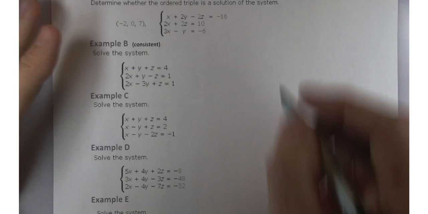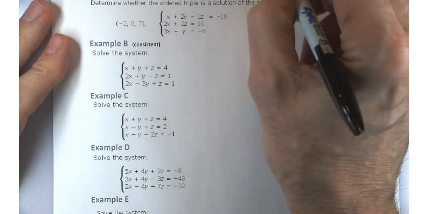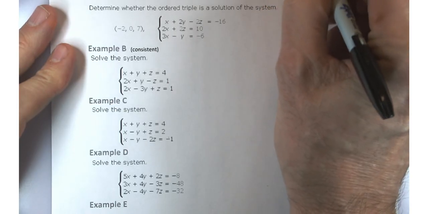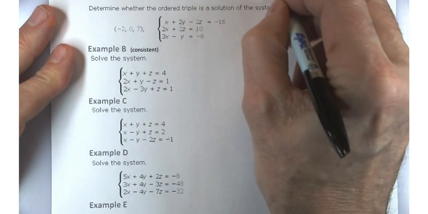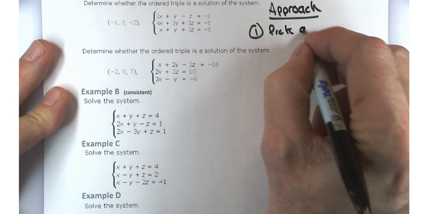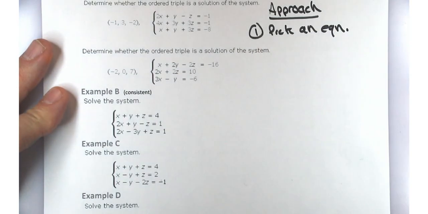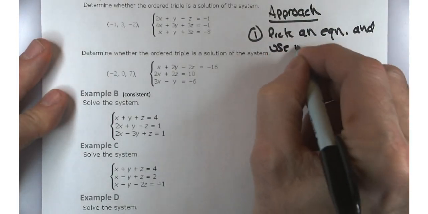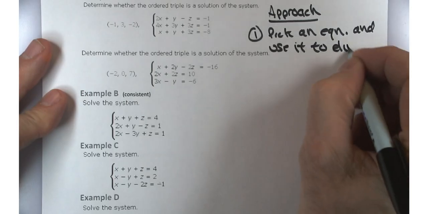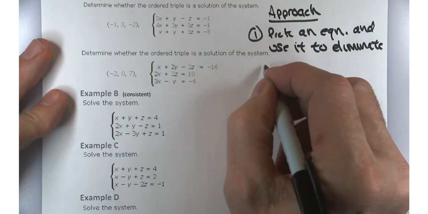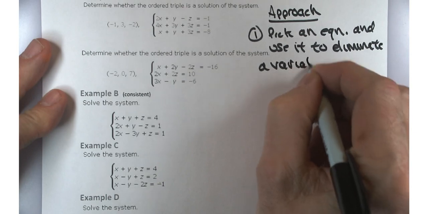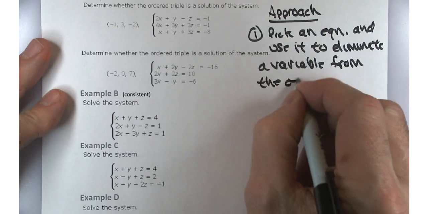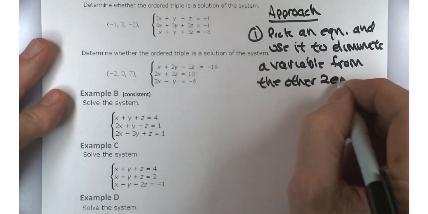So our method or our approach is: pick an equation and use it to eliminate a variable from the other two equations.